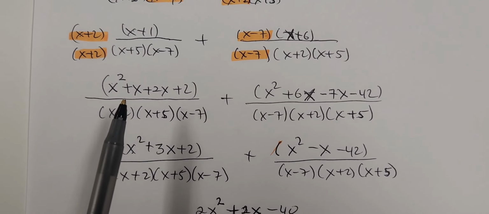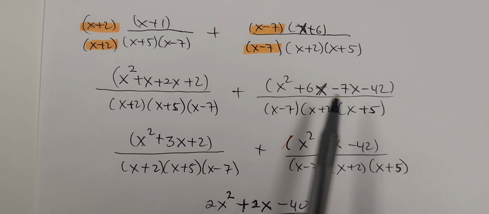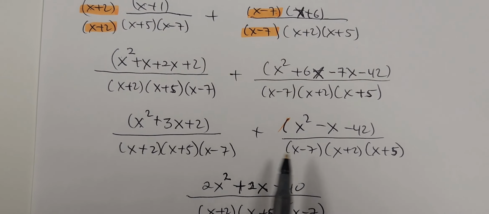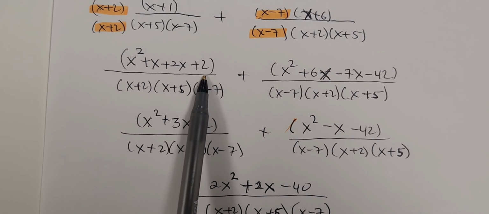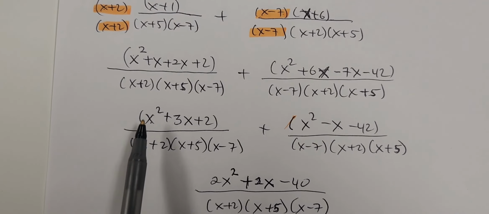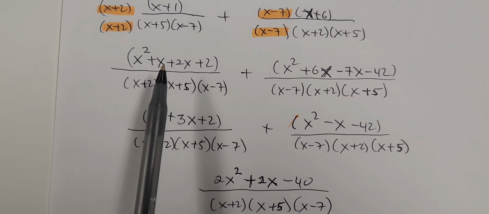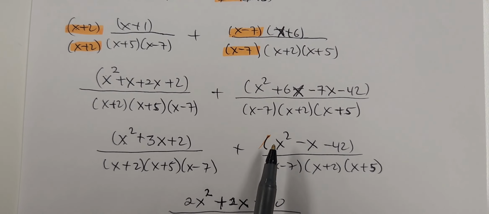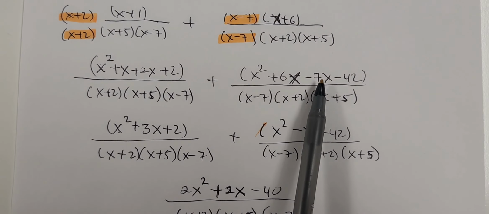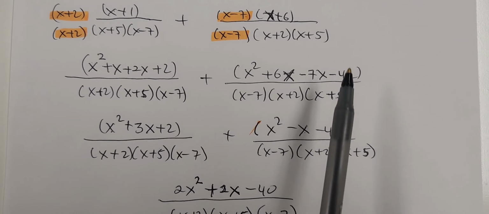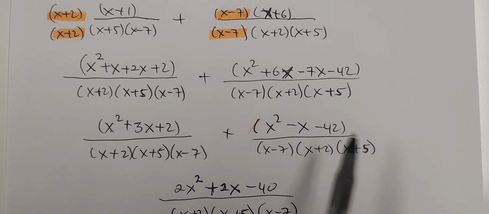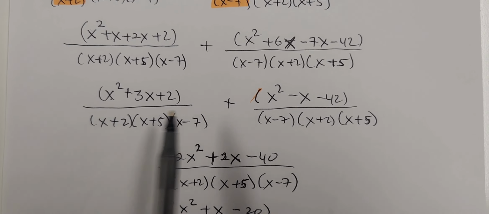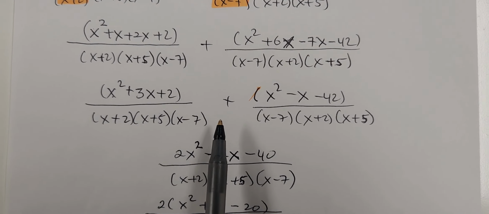The reason is, later on, you can cross out whatever looks the same. Next step, from this step down to here, we're just combining like terms. So x squared, leave it alone. X plus 2x gives me 3x, and then the 2. X squared, which is here, 6 subtract 7, negative 1, and then bring down the 42. Next step, if you notice, the denominators are the same, so just write it one time.